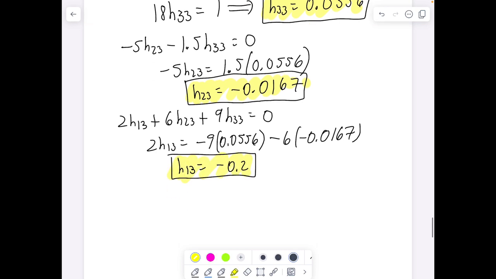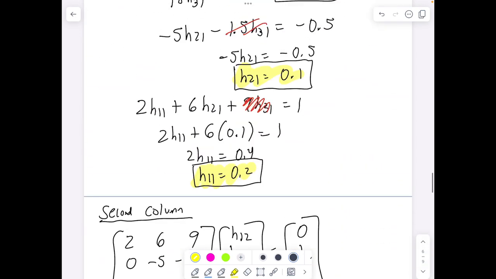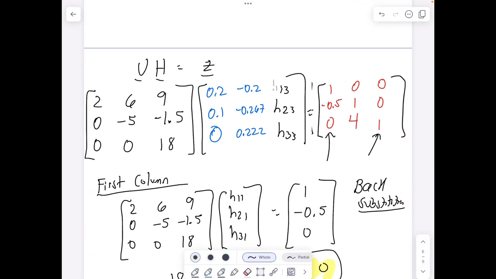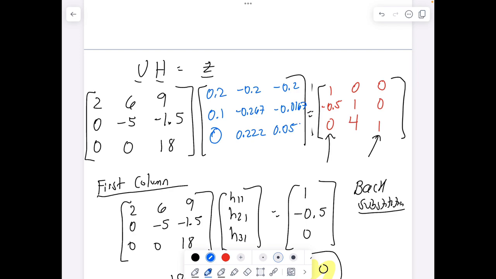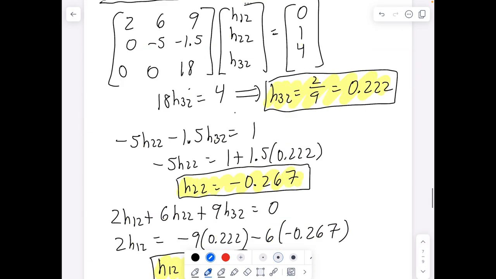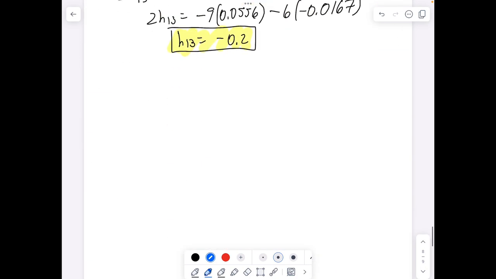So if we come back up now, we can substitute our final H values here, which end up being negative 0.2 again, negative 0.0167, and 0.0556. I'll just rewrite it here. So now we have our final answer.